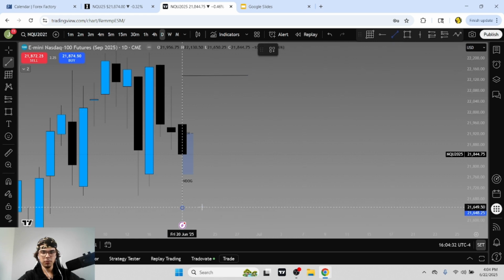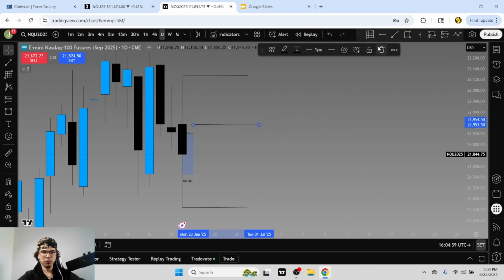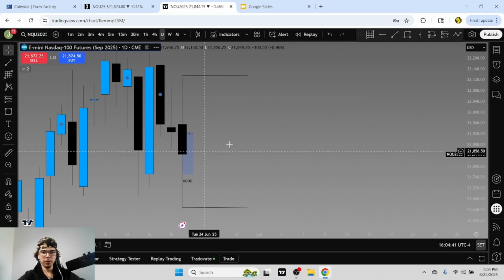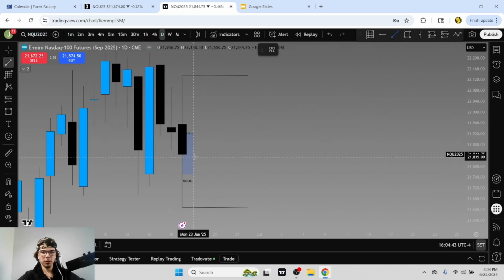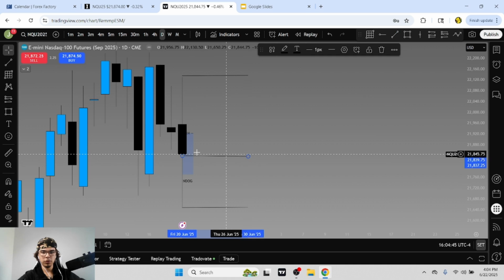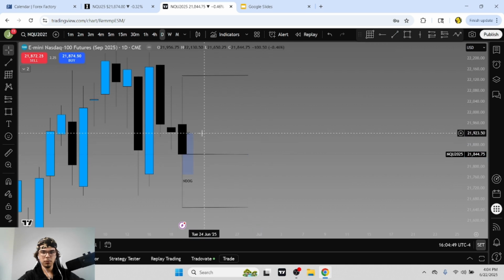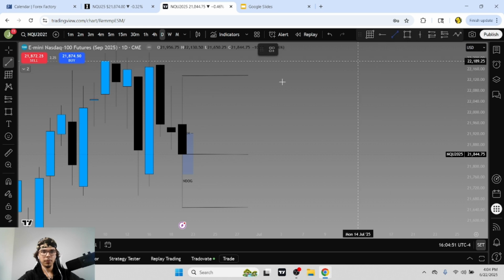This would be our low. This would be our body opening. And this would be our body closure right here. Looks something like that.